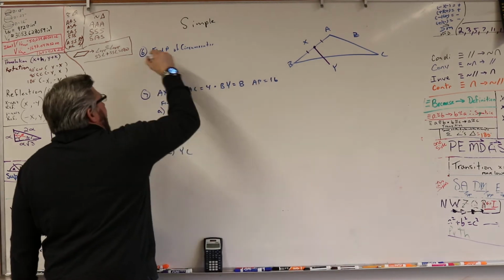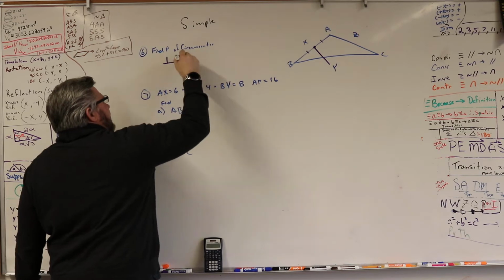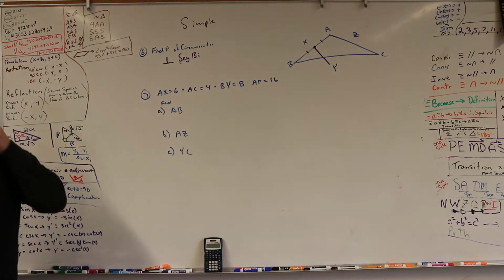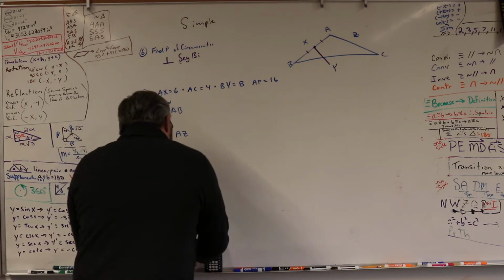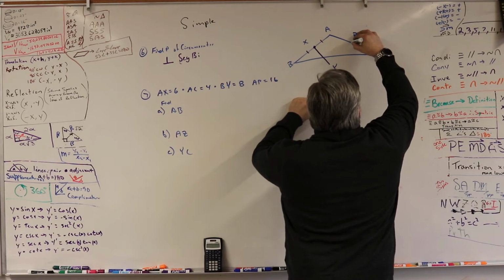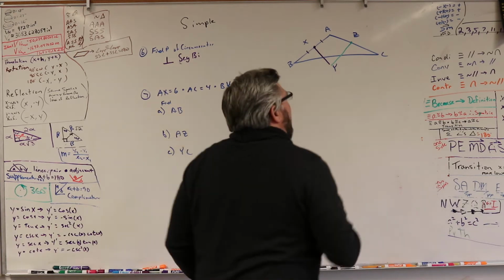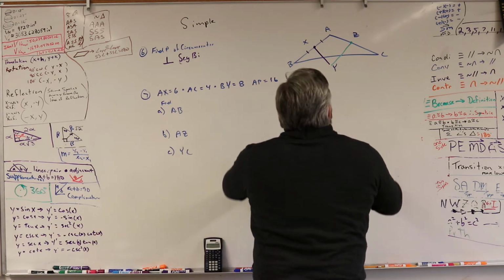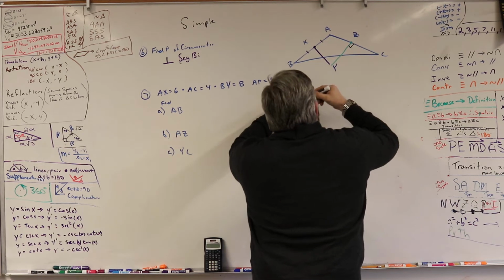So we got a perpendicular segment bisector. A perpendicular segment bisector of every side is going to end up finding P. And so these perpendicular bisectors, right?